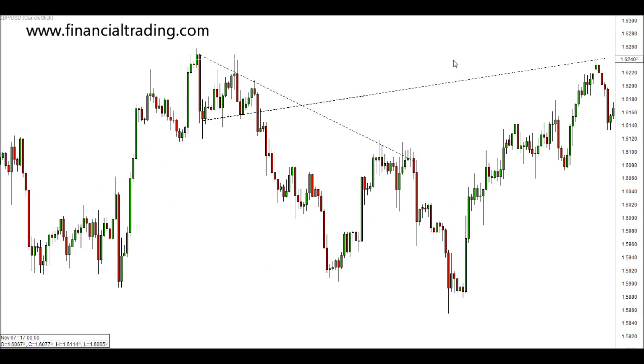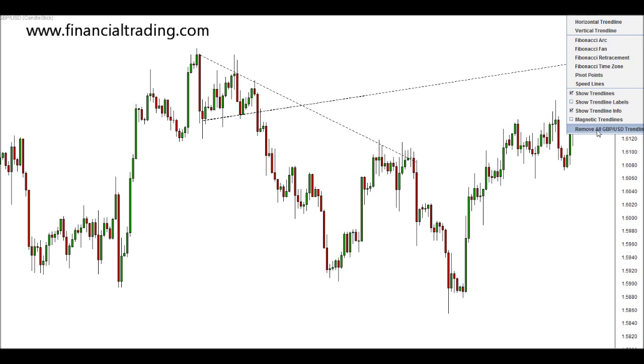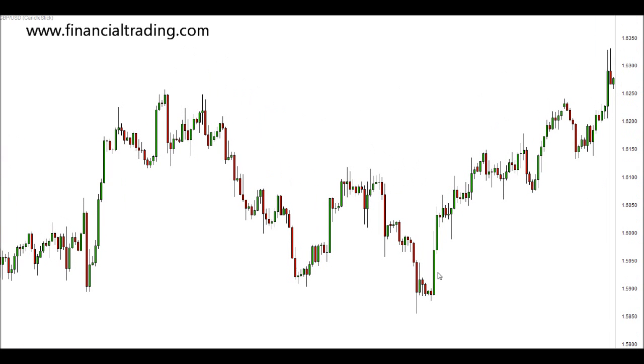So let's look at some more triangles. We have another one here. This time we have a horizontal resistance and our support. So here is our triangle.